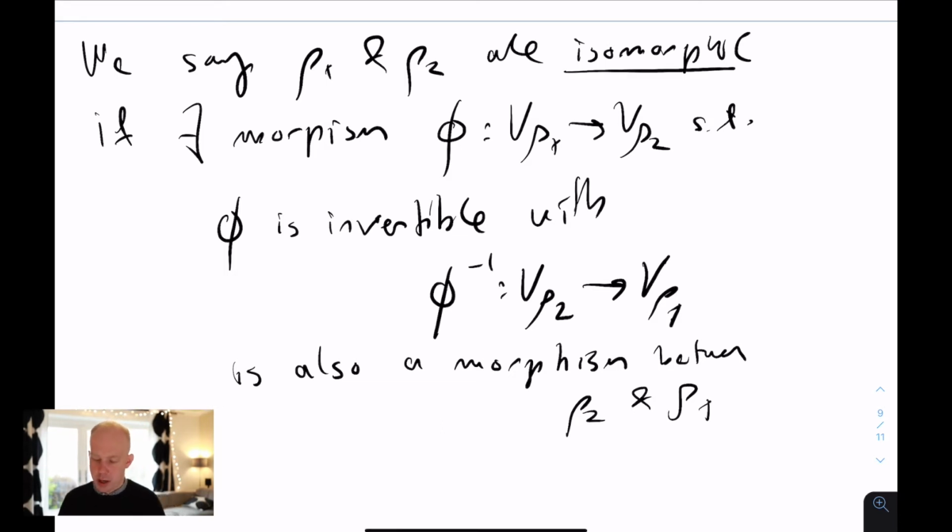So this is the notion of an isomorphism. Basically, you could have a morphism which could be like a factor in some sense, that you're projecting to something. But here the isomorphism is that you can get to both ways. You have an invertible mapping in this way.